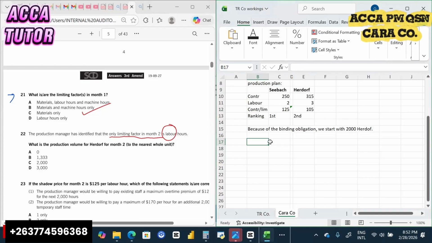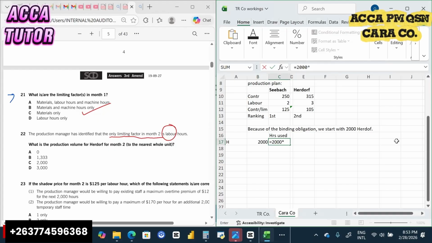It's 2,000. So if we are producing 2,000 head off, let me just say H here, 2,000 units, and how many labor hours are we going to use? Total, let me just say hours used. We are producing 2,000 units multiplied by how many hours? A head off takes 3 hours, right?